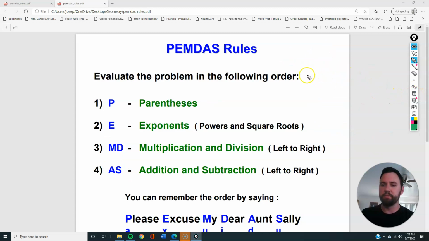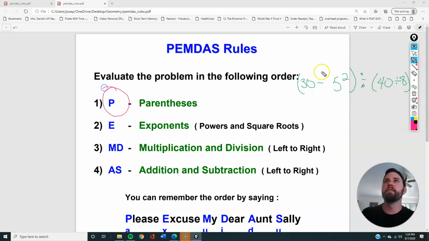Let's do one more example. What if I had (30 minus 5 squared) divided by (40 divided by 8)? Alright. Let's go. First thing, are there any parentheses? 2 of them.